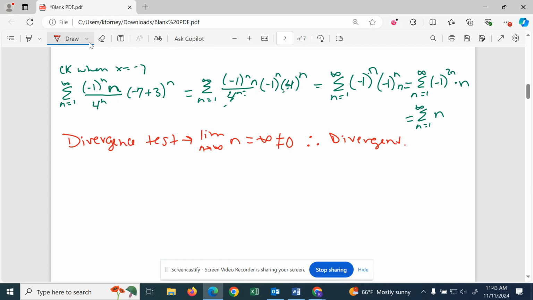Okay, so now what about the other endpoint? We want to check it when x is 1.